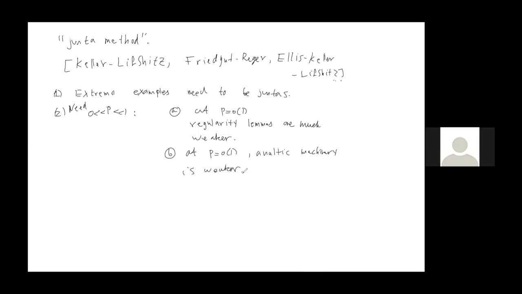So in the rest of the talk, which I guess is 20 minutes, I'm going to tell you a little bit about some older sharp threshold results and new sharp threshold results in this regime.